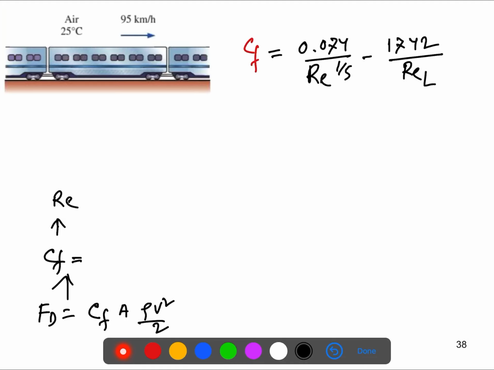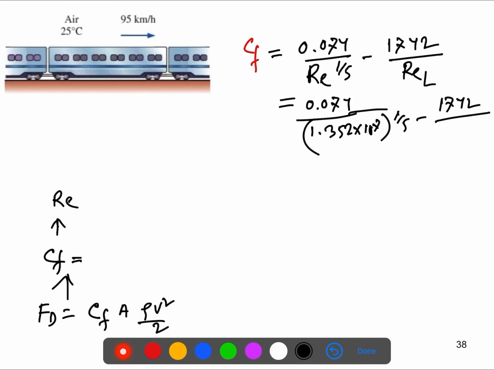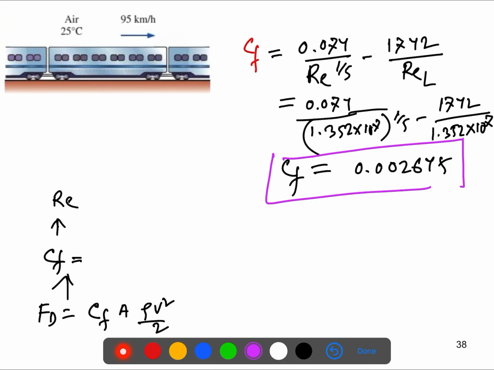This is the friction coefficient formula we know for the combined effect of laminar and turbulent flow. Let's substitute the value: 0.074 over the Reynolds number 1.352 into 10 to the power 7, to the power 1 over 5, minus 1742 over 1.352 into 10 to the power 7. So we get 0.002645. This is CF.